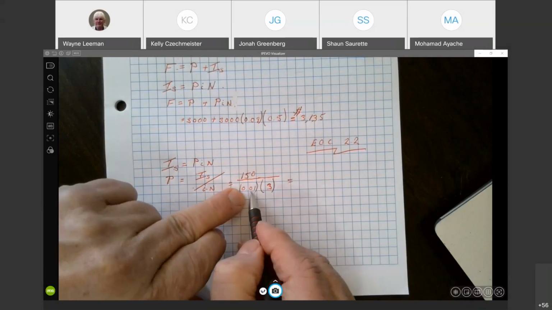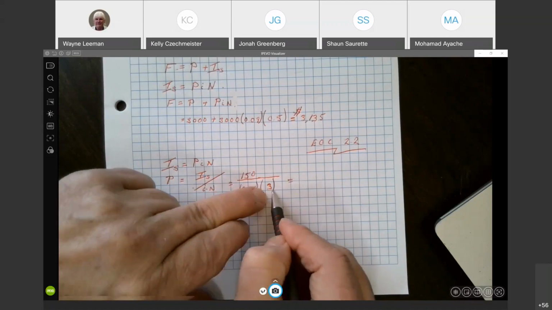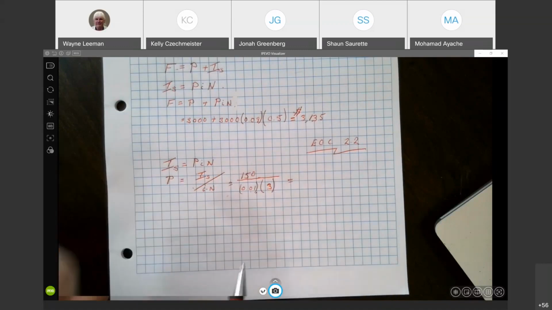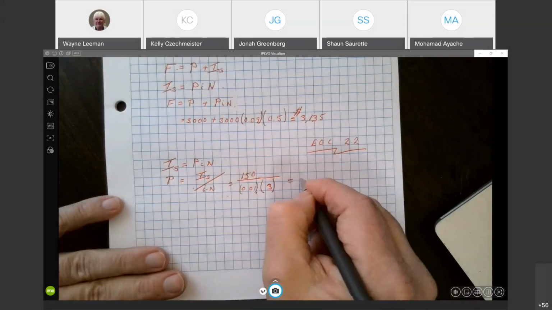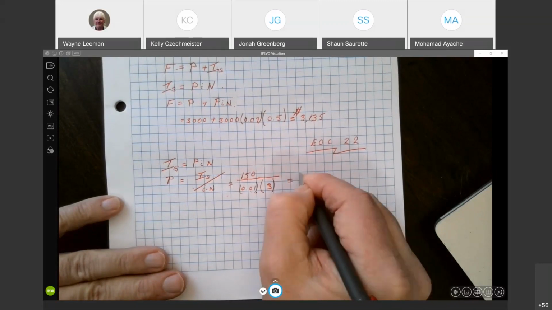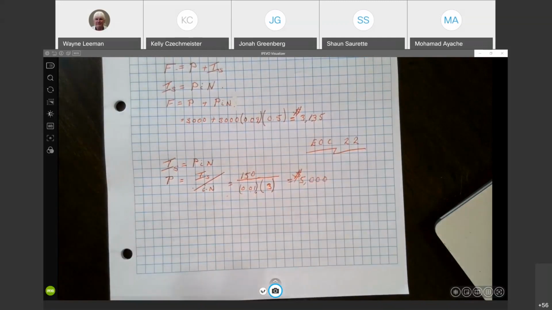This is 1%, if you will, per month. This is 3 months. So we have to be careful that we are always aligning our units of arithmetic. If we do that, you should end up with $5,000. So that would explain that one for us.